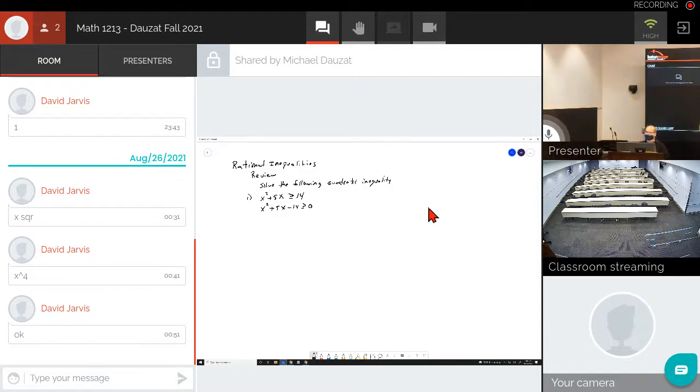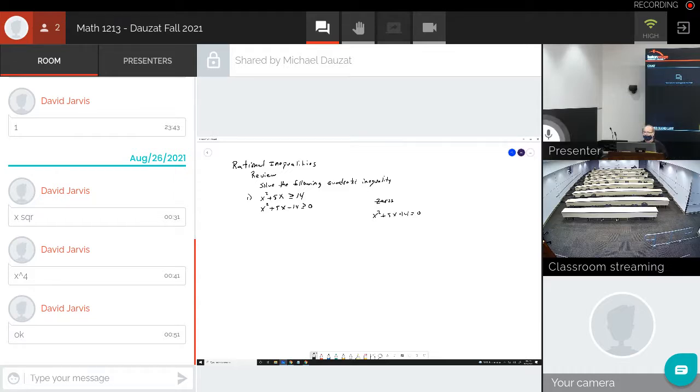Because those are the zeros you're going to put on the number line. So to find the zeros, you're going to take the quadratic expression, set that equal to 0, and factor. They're all factorable. The ones you're going to have are factorable.